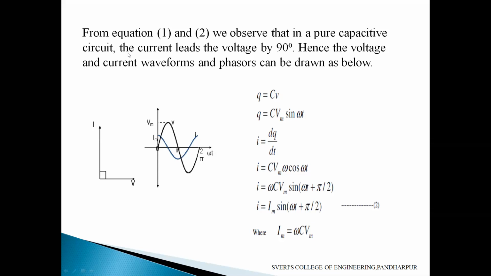Hence, the phasor diagram and waveforms of the voltage and current are shown in the below figure. You take these two: figure 2 phasor diagram, figure 3 waveforms. Write both the diagrams.